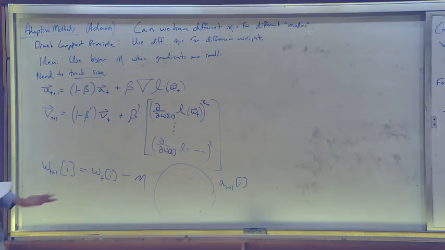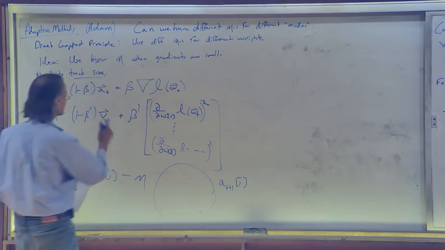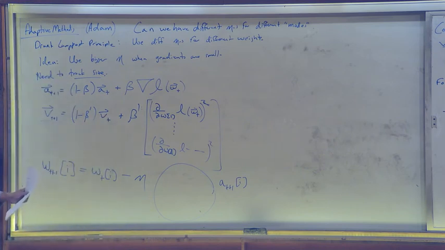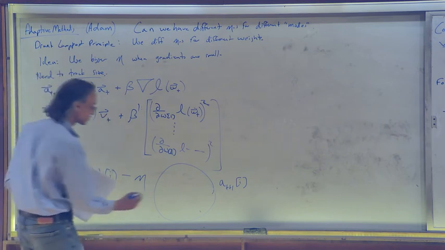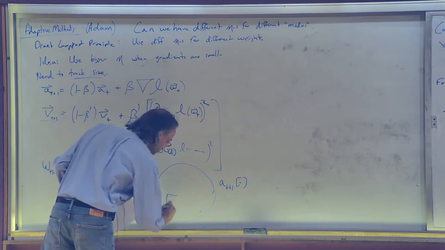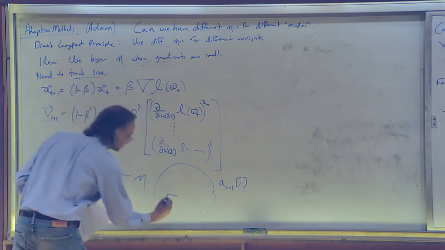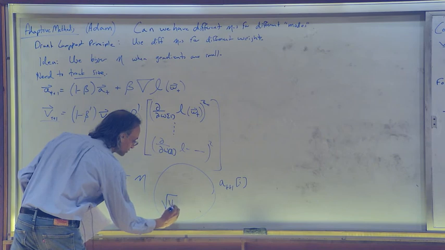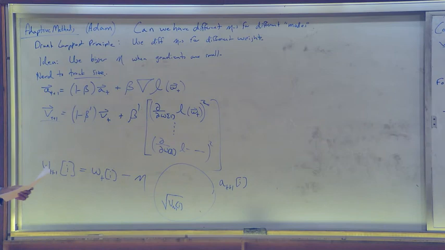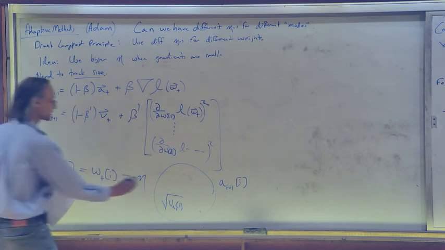Okay, so how do I do that? Well, this thing is tracking the average square, basically. So I want to look at the square root of v_{t+1} in the ith component, in spirit, and take a reciprocal.